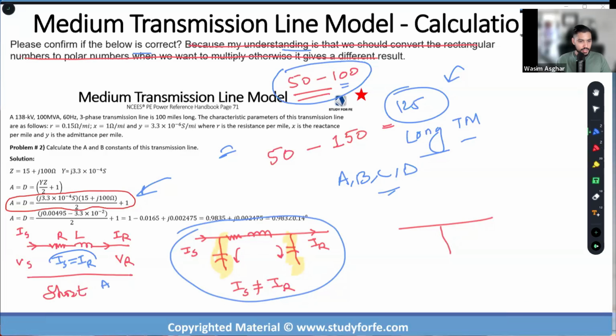And this IS is equal to IR is what makes A equal to D equal to 1 for the short transmission line. Can you guys see that on the reference handbook? Correct? And that's why for the short transmission line in the voltage regulation formula, A is always equal to 1, right?